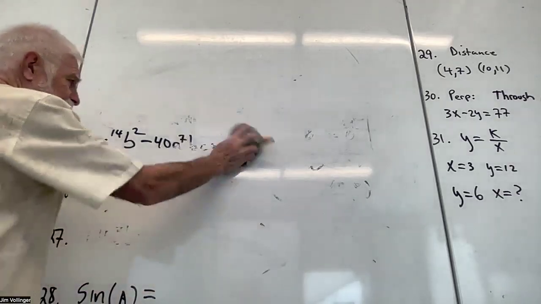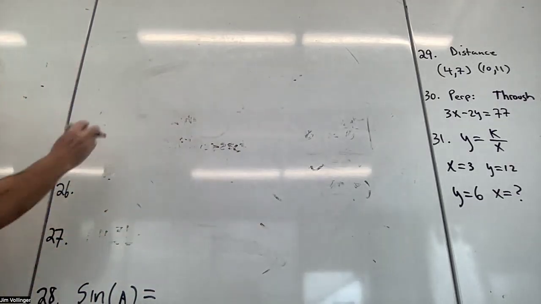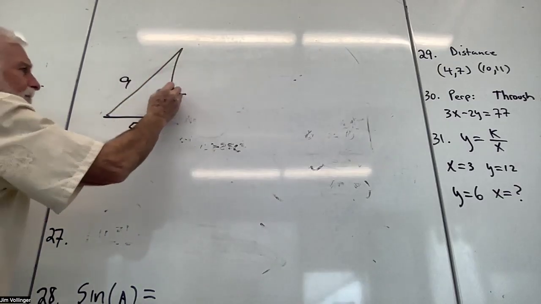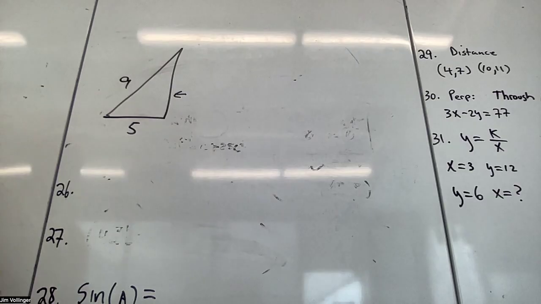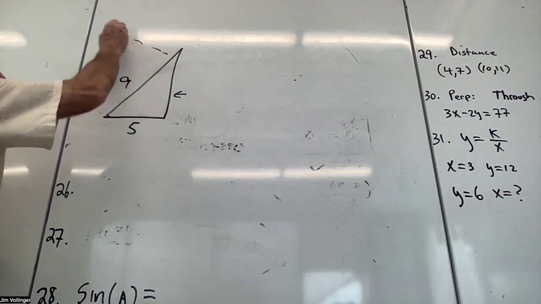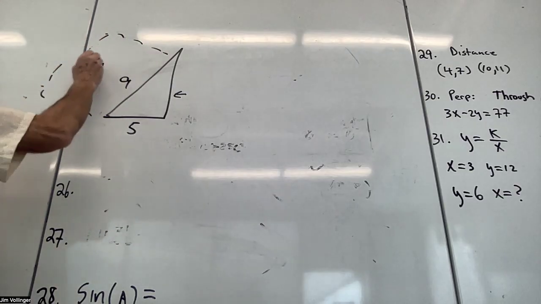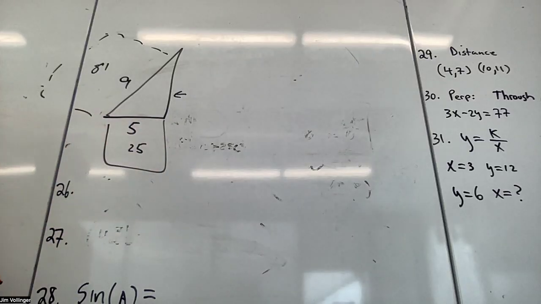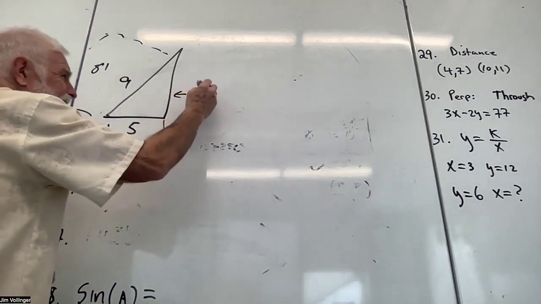All right, sine of A. 5, 9. You should be able to tell me that in your head. This is 81 square units. This is 25. 25 from 81 is 56. Take another 5 away and you got 66. This is the square root of 66.